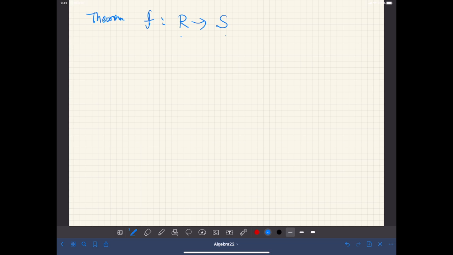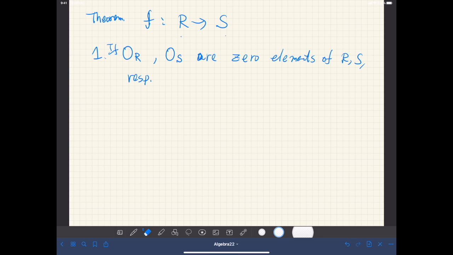First, if 0_R and 0_S are zero elements of R and S respectively, then we have f of 0_R is equal to 0_S.